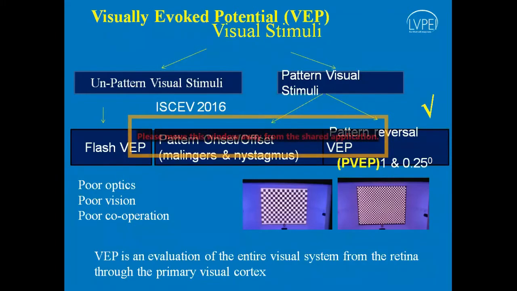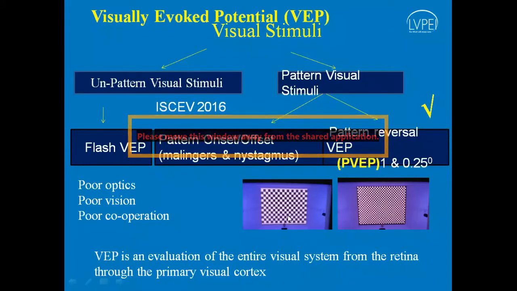We can't use, say, various normative data with Roland Consult normative data. Depending on the check size, we get different responses, and for the different check sizes, the normative data also is available.